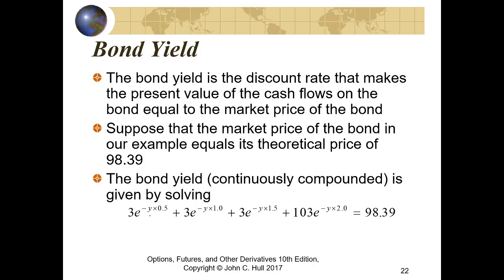And why is the yield to maturity or the bond yield used? Because it makes comparison between different bonds much more meaningful, because you cannot compare bonds by purely looking at their prices.